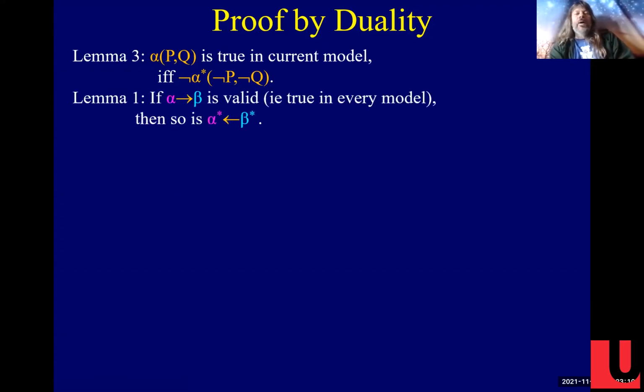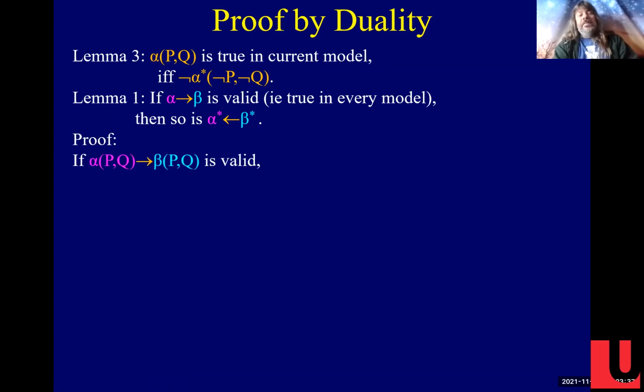All right, so now we want to prove our first lemma, which says that if alpha implies beta is valid, meaning it's true in any model, then beta dual implies alpha dual is true in any model.